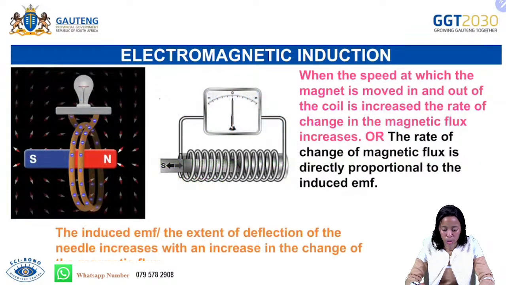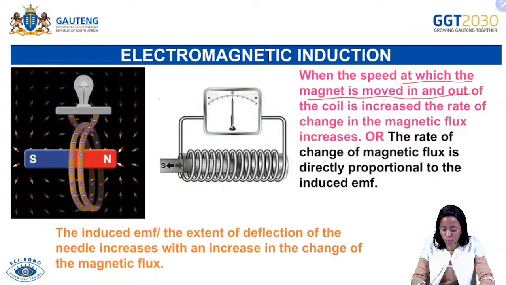Okay, now with electromagnetic induction, it says when the speed at which the magnet is moved in and out of the coil is increased, the rate of change in the magnetic flux is also going to increase.